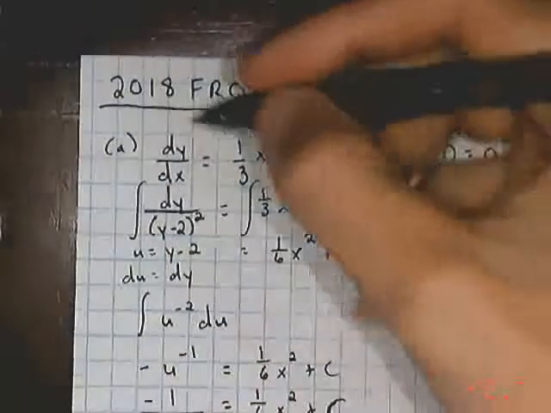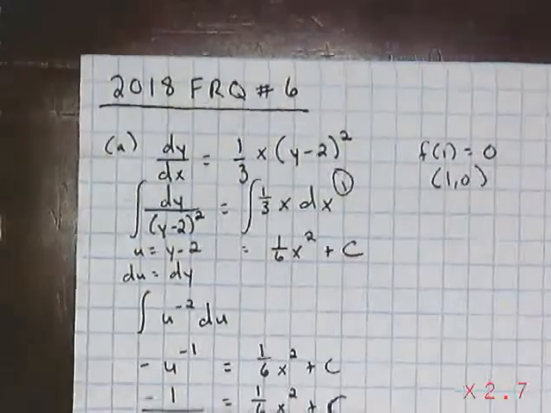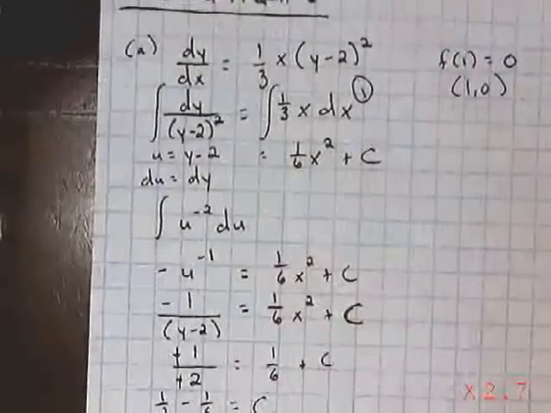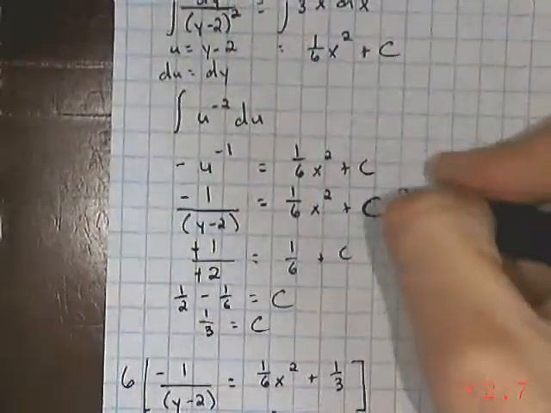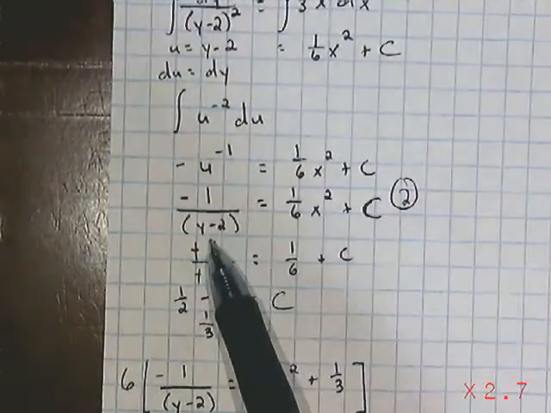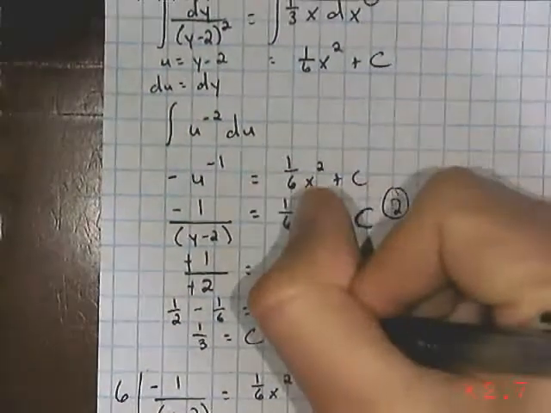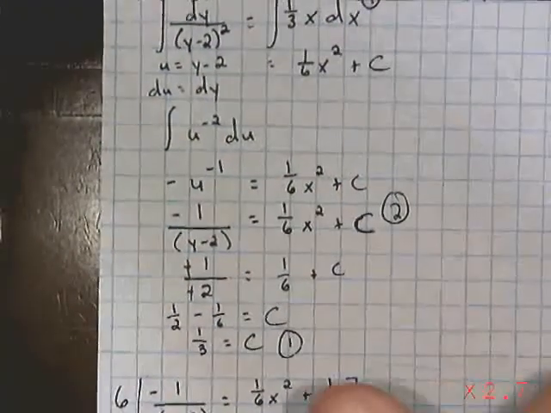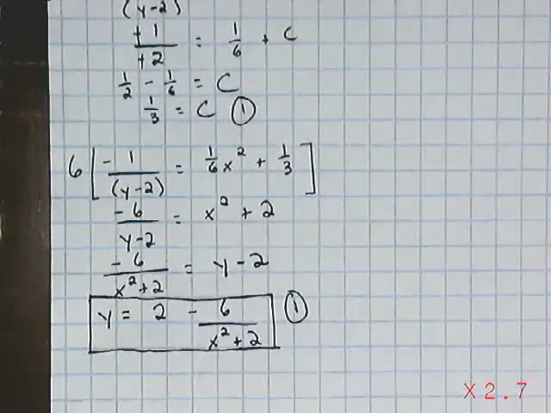Okay, so for this step right here, showing that we separate the variables, you got an all or nothing 2 points for getting the two antiderivatives correctly. So the 1/6 x squared and the negative 1 over y minus 2. You got a 4th point for the correct value of c, and then you got a 5th point for the entire correct particular solution. 5 points in the back.